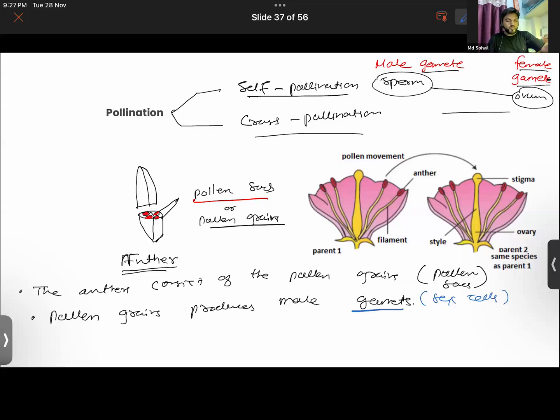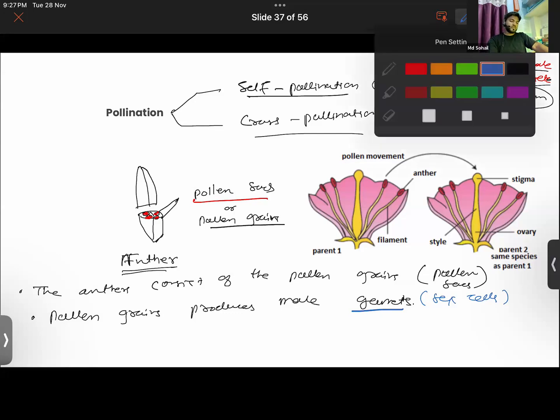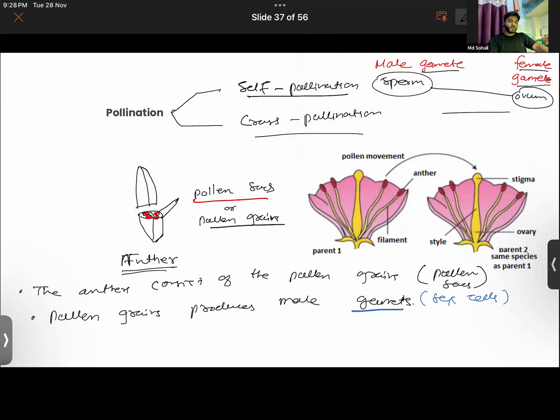For example, if the pollen grains from one flower are transferred to the stigma of another flower. Right. Okay. So in the case of cross pollination, do tell me one more thing. It will be a question to Sundus. By the way, you guys have answered it correctly.